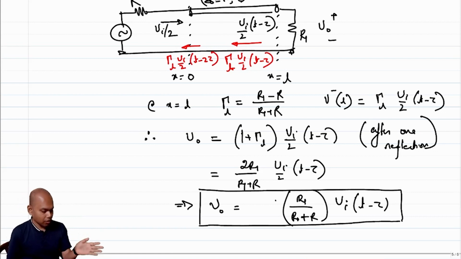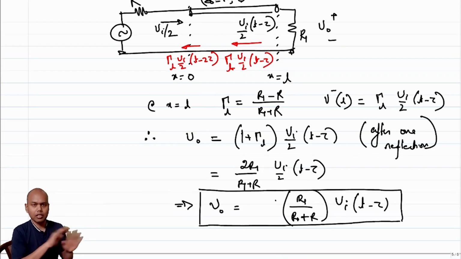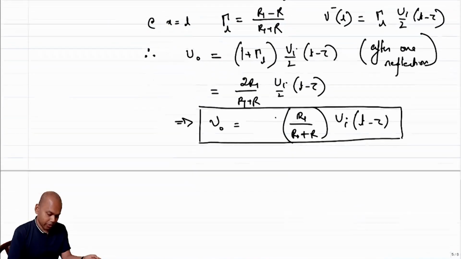But now note that it has come to a matched interface again, because the direction of the wave is going into R, right? And it is coming through a transmission line having the characteristic impedance R, which means there is no further reflection, right? So it goes through. What will be the total voltage that is going to accrue at the interface?